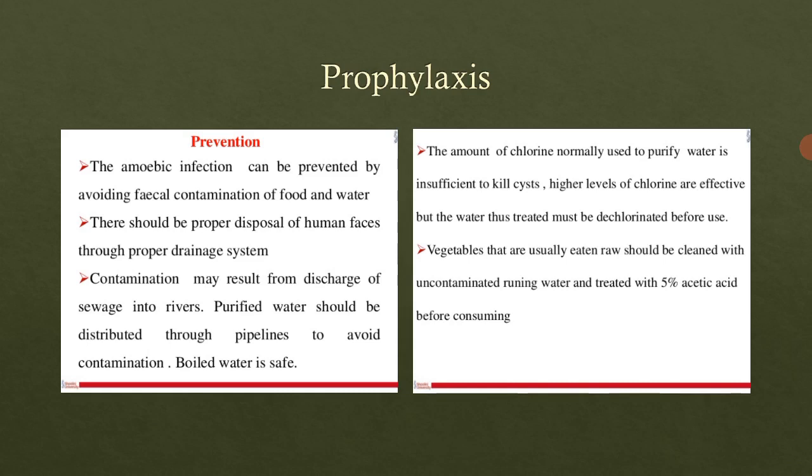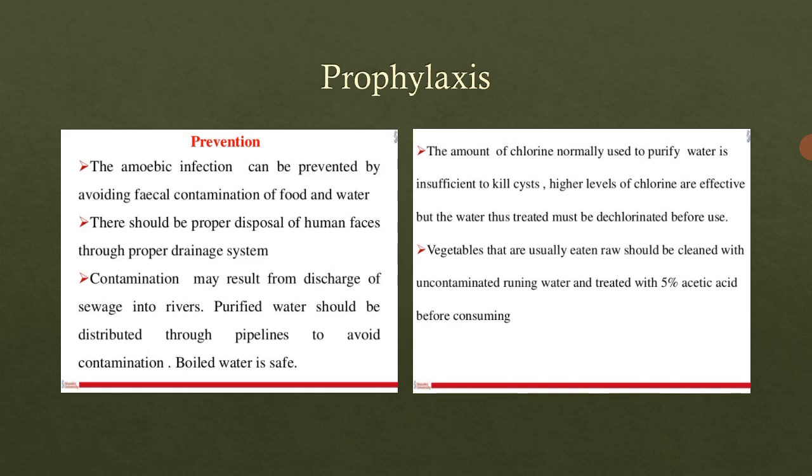If we look into the geographical distribution of Entamoeba histolytica infection, it is available worldwide. Worldwide, amoebiasis causes 40,000 to 100,000 deaths every year, so its prevalence rate is very high.